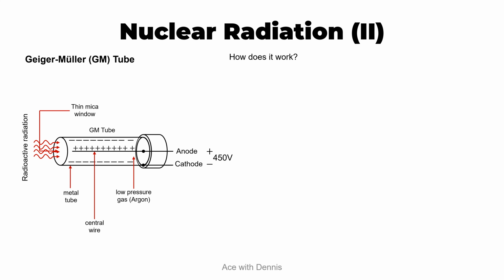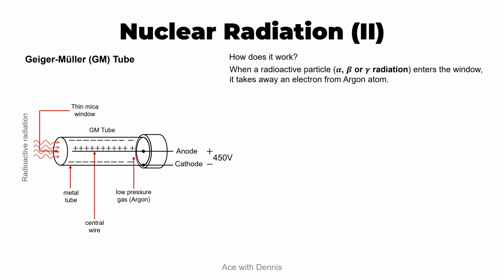Now, how does the GM tube work? When a radioactive particle, whether alpha, beta, or gamma radiation, enters the window, it takes away an electron from an argon atom. The electron is attracted to the central wire at high speed due to the high voltage, which is positive 450 volts.